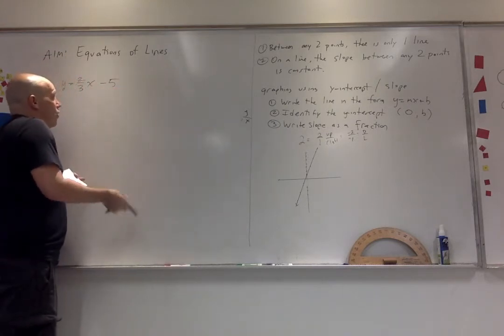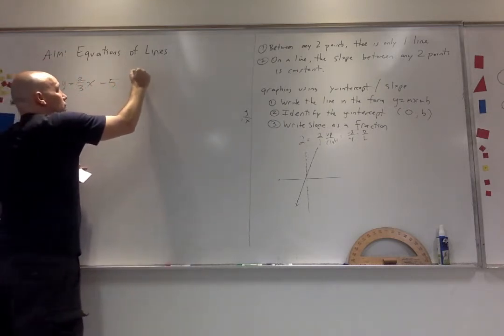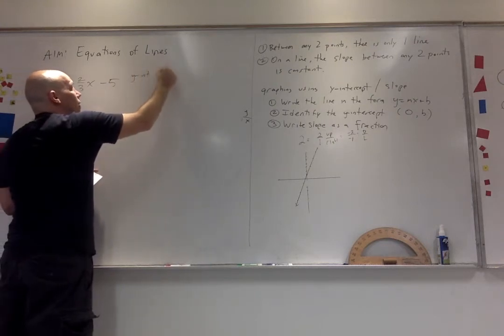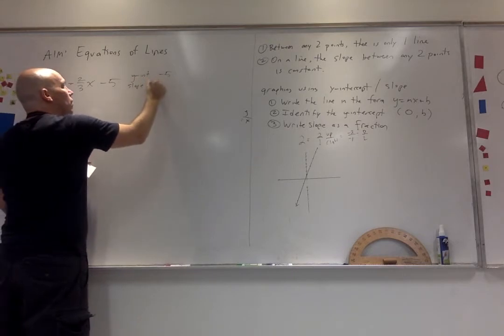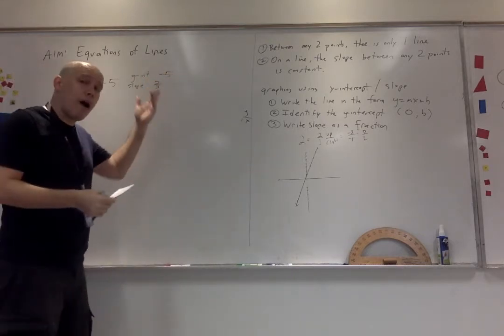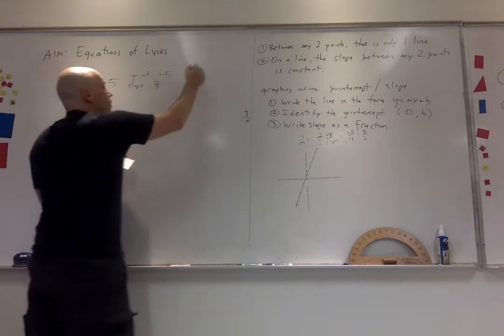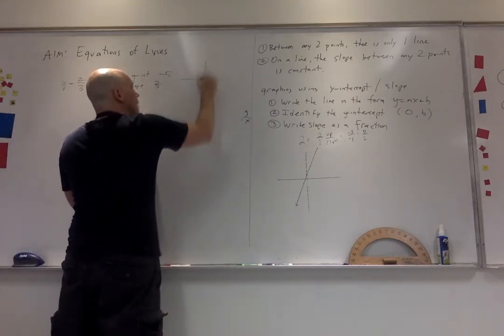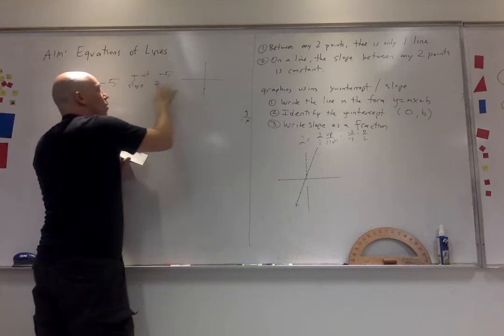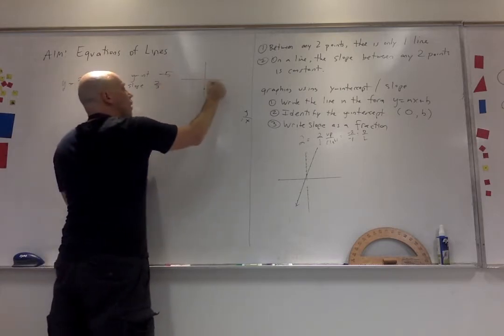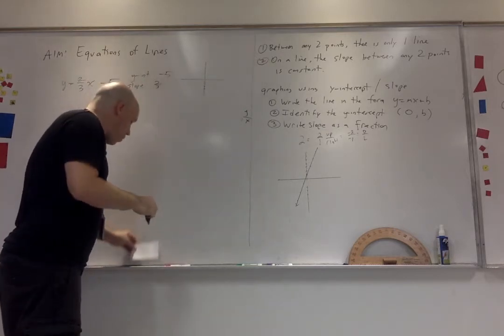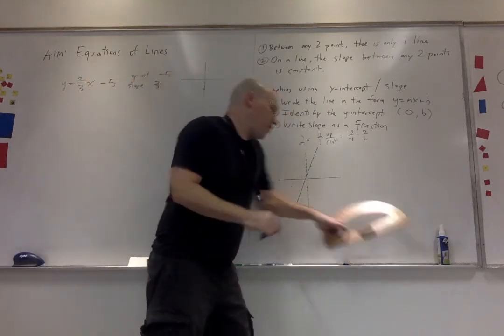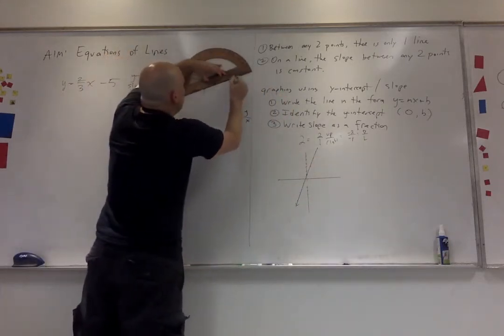Well, the y-intercept is -5, and the slope is 2/3. And so you plot 0, -5, and then you go up 2, right 3, up 2, right 3, and so on and so forth. And you make the line perfect.